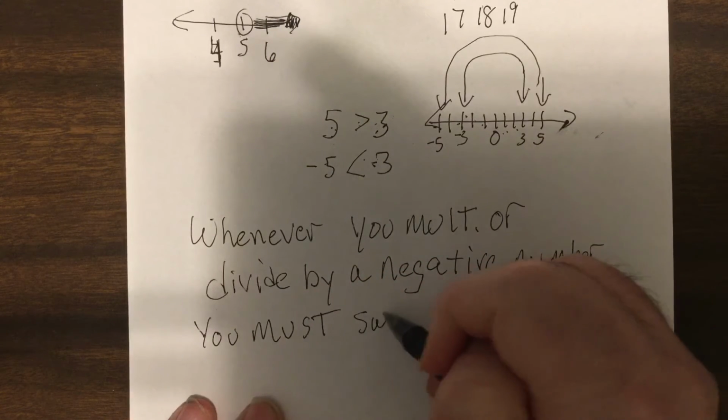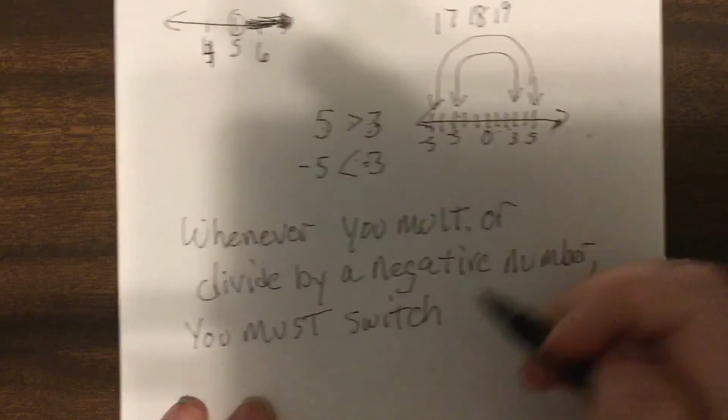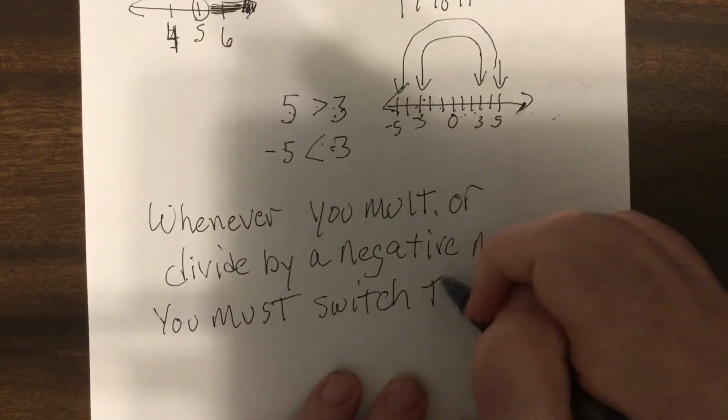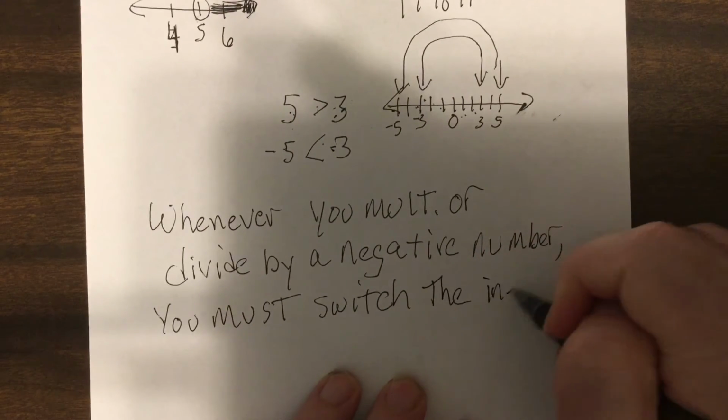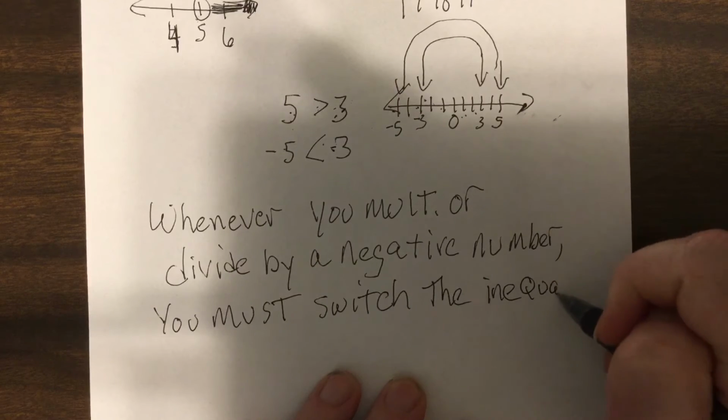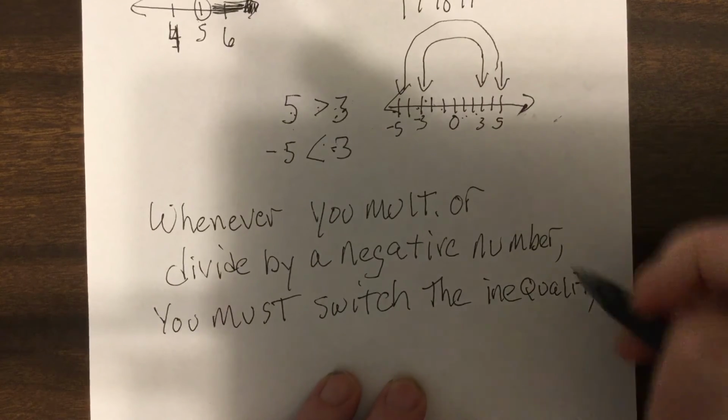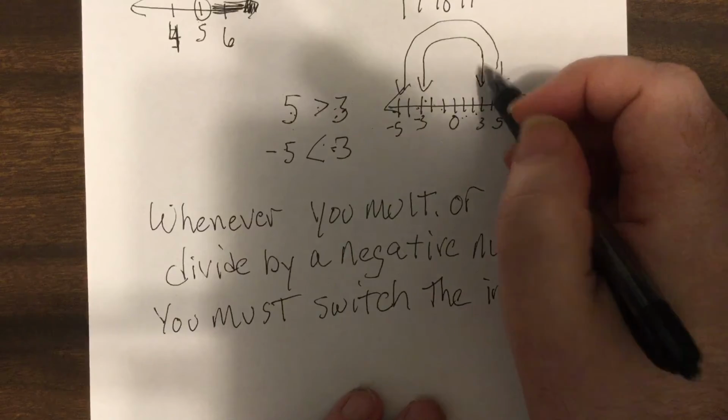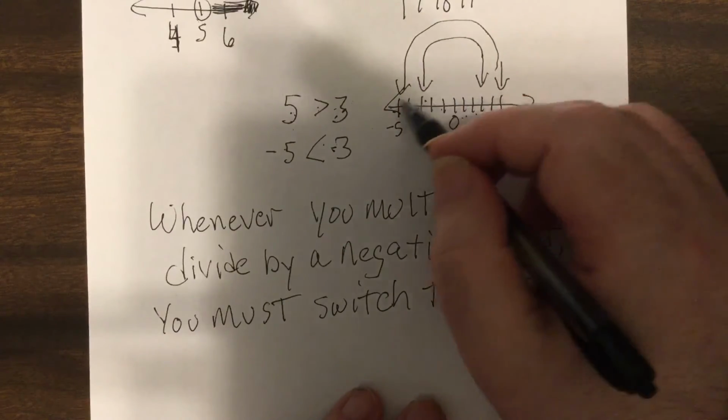And that has to do with what I was trying to show you up here. The number goes on the other side, making it to the right, so therefore it's now changed.